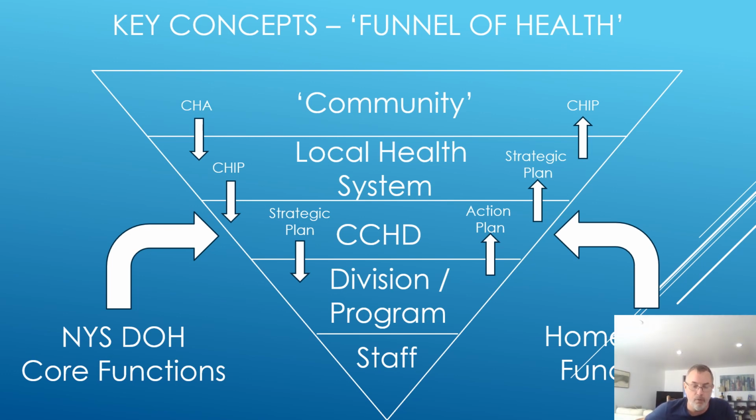And then we also have home care, which not all local health departments have. But there can be strategic activities and strategic goals associated with improving how we're going to do those core functions and those home care functions.